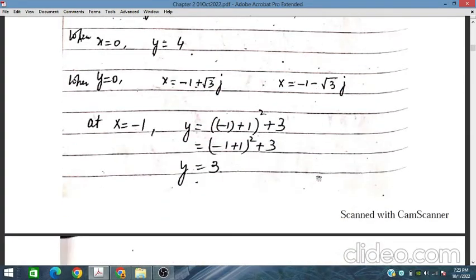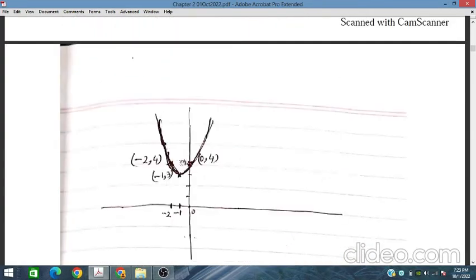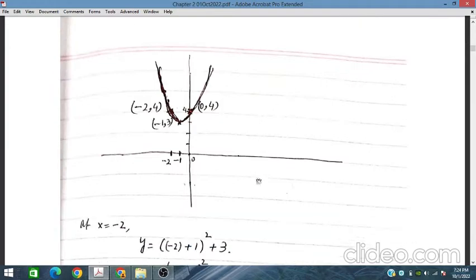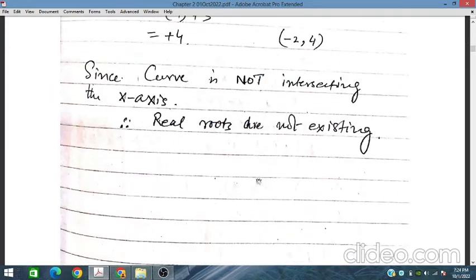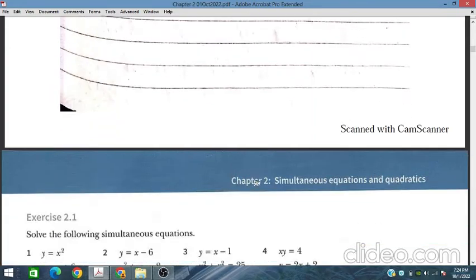We have plotted this and we have obtained that this curve never intersects the x-axis where the value of y is 0. So y equal to 0 is not possible here. So there is no solution. So this was the case.